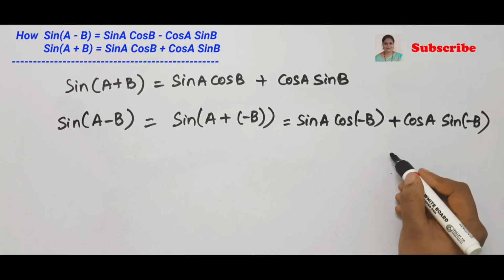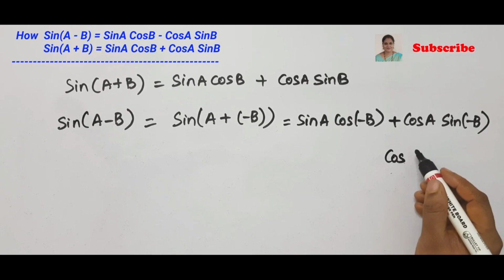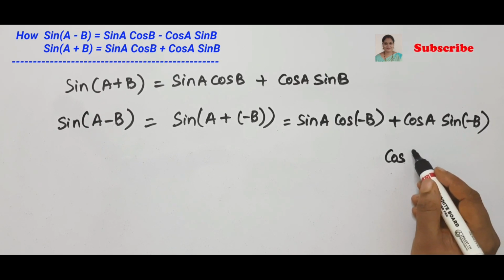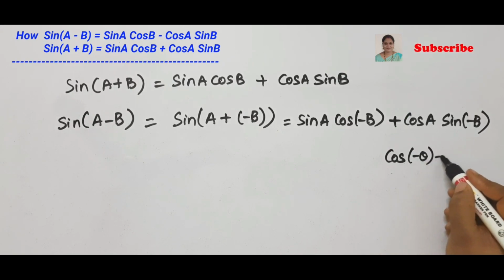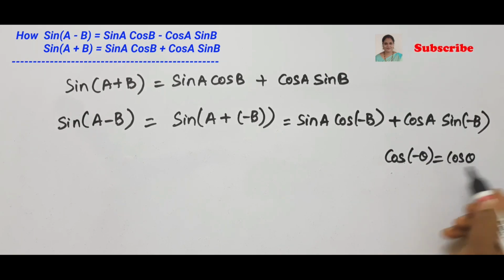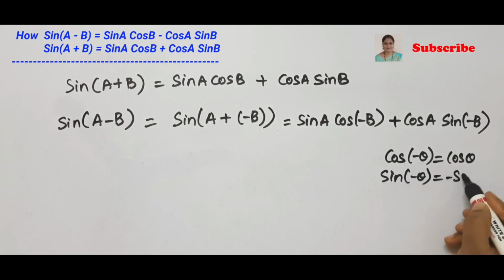We have already learnt in that video. If you want to learn, just watch it. It is in the trigonometry playlist of my channel. Cos of minus theta will be cos theta, sin of minus theta will be minus sin theta.